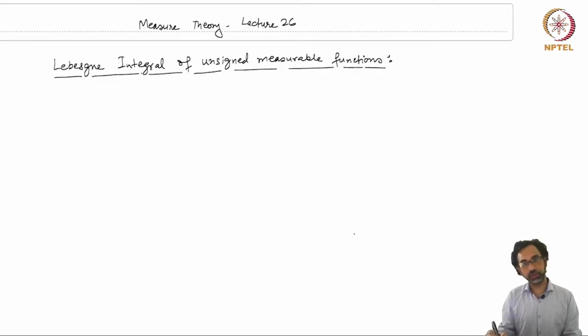In this lecture we will look at the definition of the Lebesgue integral for unsigned measurable functions, and then we will generalize this definition first to real valued functions and then to complex valued measurable functions.